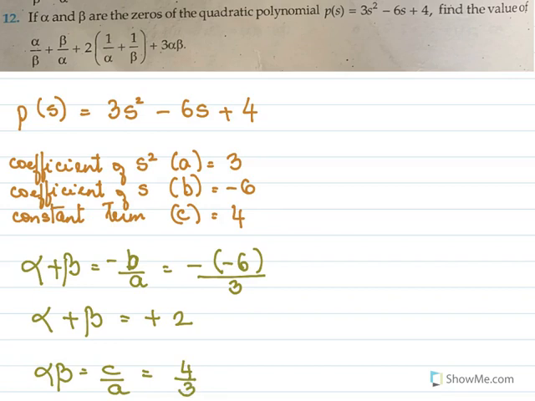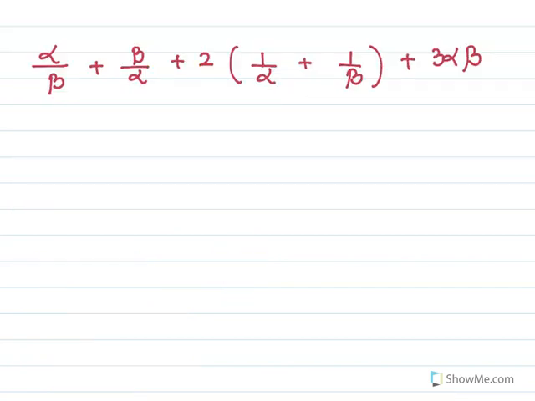Now here we need to find the value of a rather long expression, that is alpha by beta plus beta by alpha plus 2, 1 by alpha, 1 by beta plus 3 alpha beta. I think we take it on the other slide. We have to work this in sections.